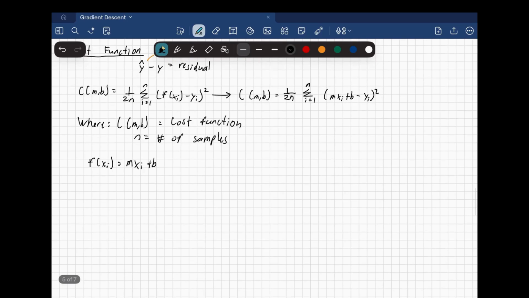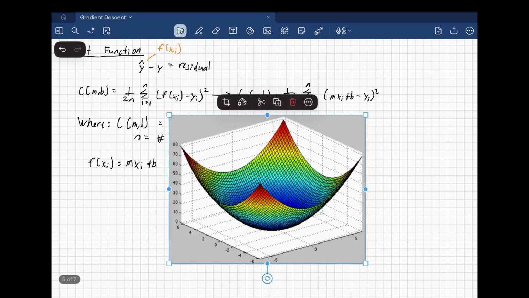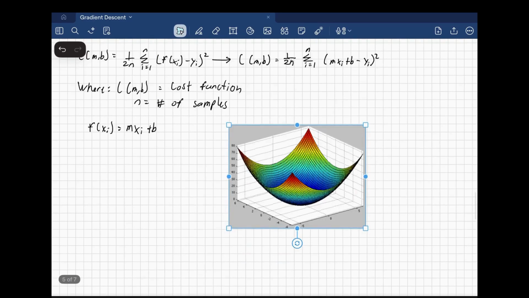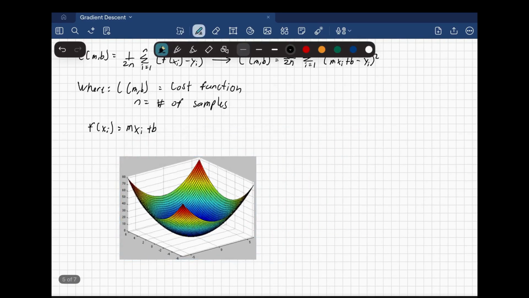I'll just paste this curve right here. Suppose this is the curve I'm talking about. Let's suppose the z-axis is the cost function, the y-axis is the b parameter, and the x-axis is the m.